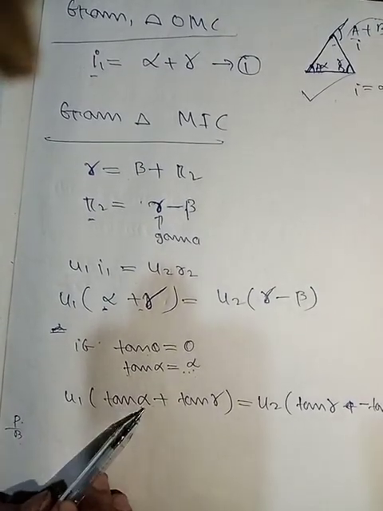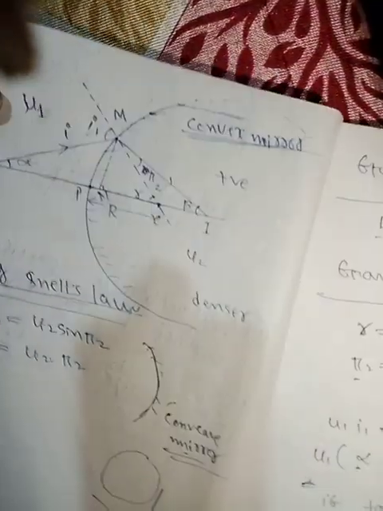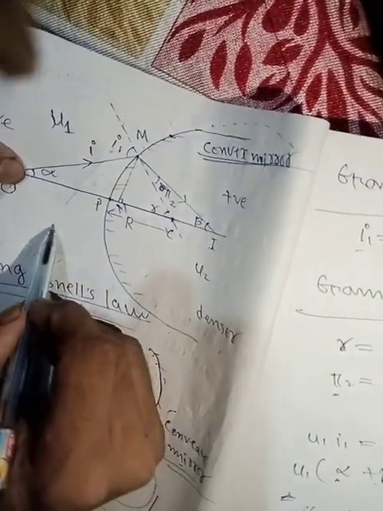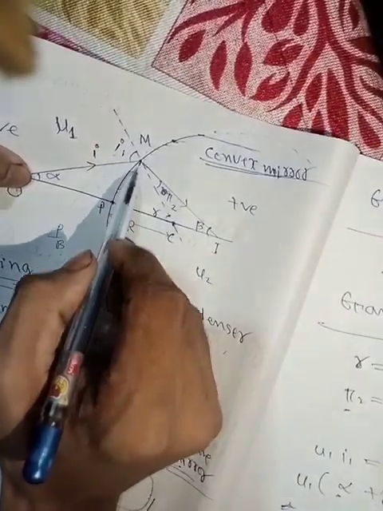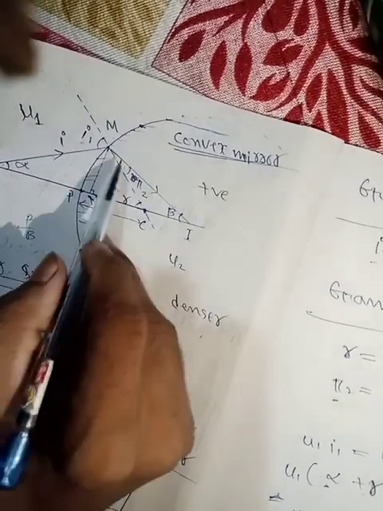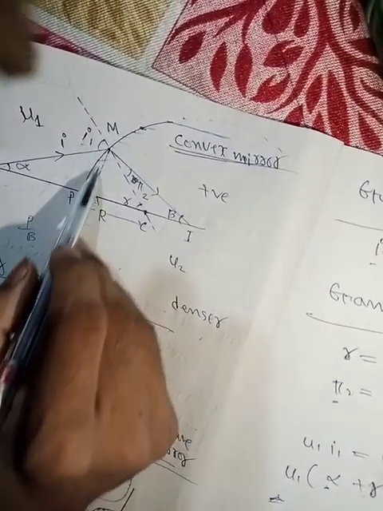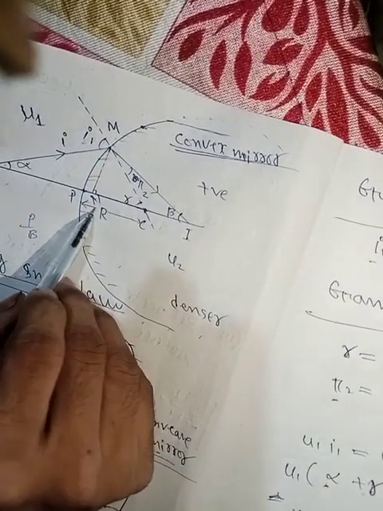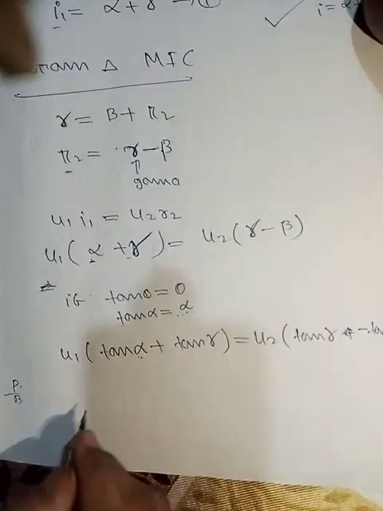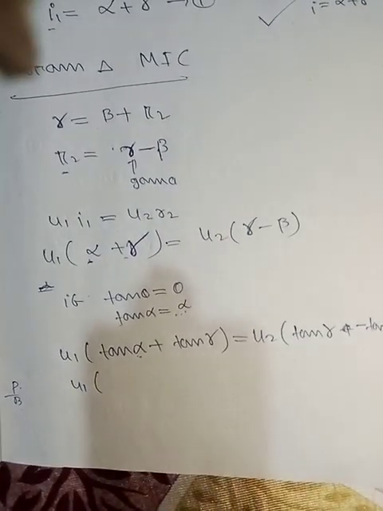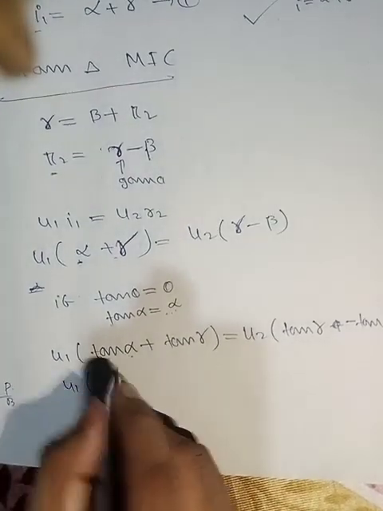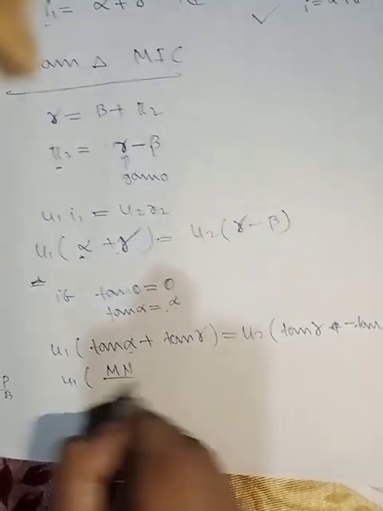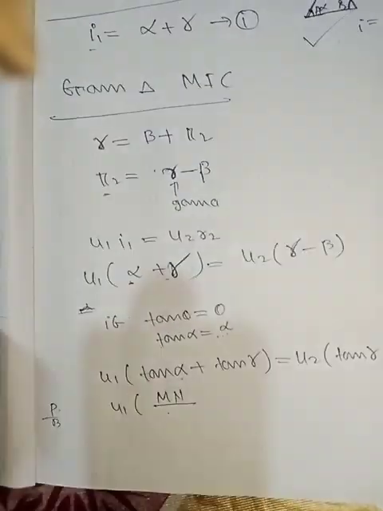This is alpha, and here in the diagram is also alpha. So p by b, perpendicular by base. This is a perpendicular from this triangle. The perpendicular here is MN. So mu1 you can write MN divided by the base. The base is OP, you can see here.